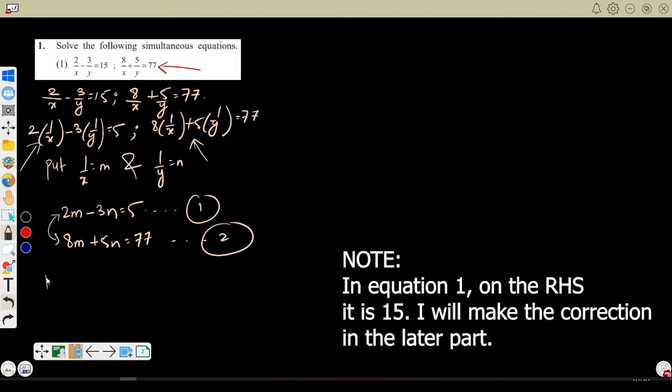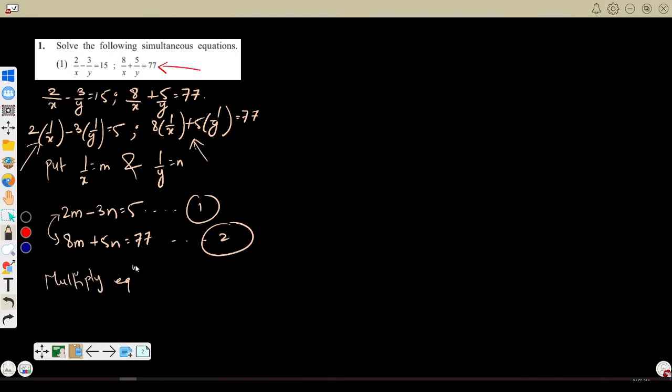For this, I can multiply equation number 1 by 4, so the equation will be 8m minus 12n is equal to 20. I mark this as equation number 3. What I have done is simply multiplied equation 1 with 4, and equation 2 we have not changed.